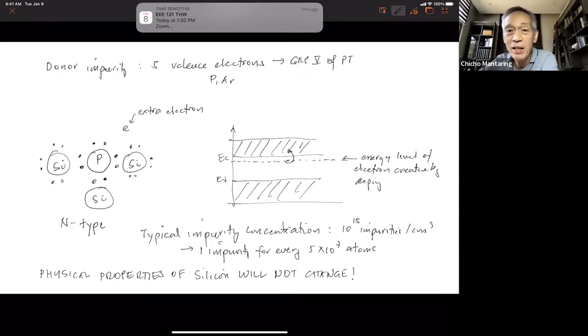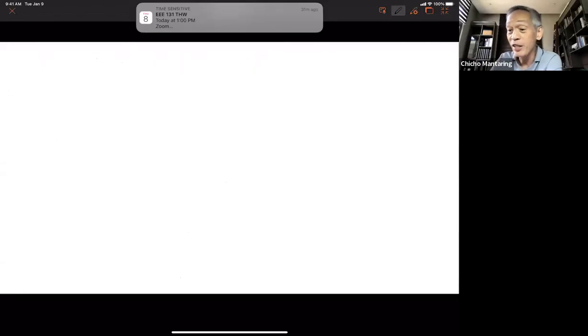Imagine yourself being Atom Man and inserting yourself in the crystal. You might spend your entire lifetime trying to look for that single impurity, and you will never find it because there's only 1 for every 50 million atoms. It will look, feel, smell, taste the same. But the electrical properties will significantly change.